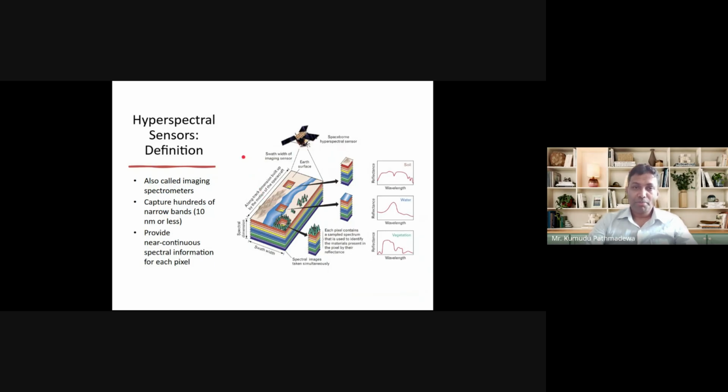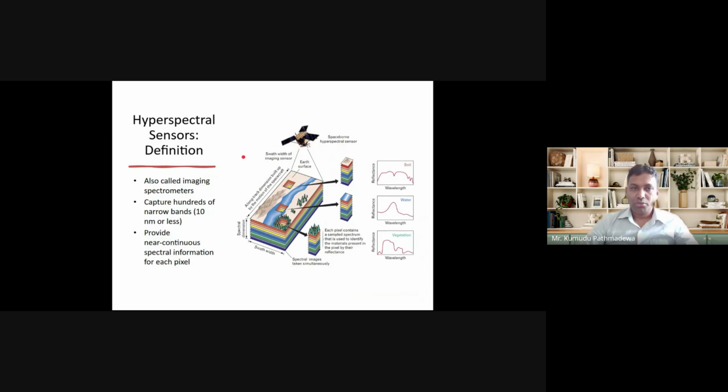Hyperspectral imaging systems, also called imaging spectrometers, record hundreds of bands, each around 10 nanometers or less in width. This high spectral resolution allows us to distinguish even subtle differences in materials and vegetation.